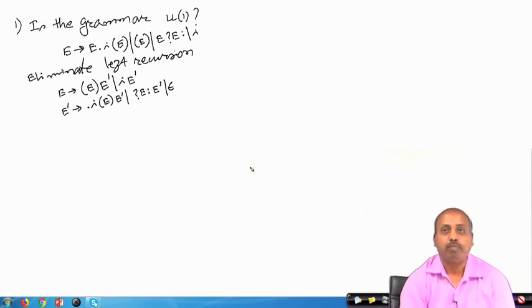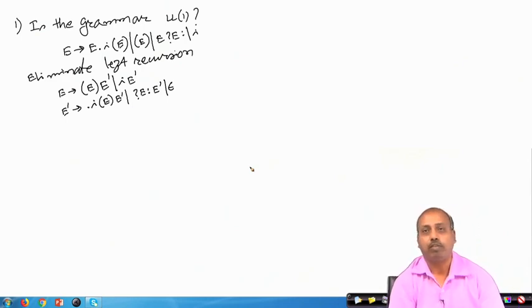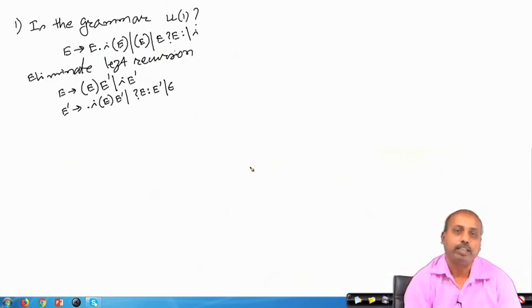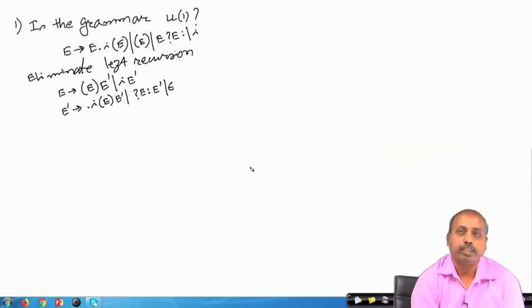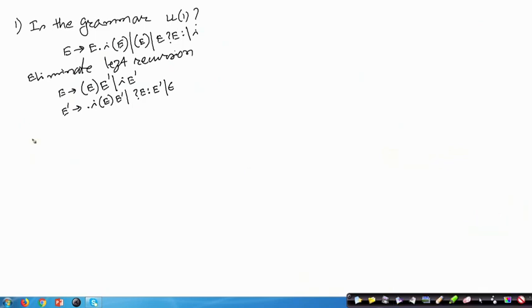The next step is to compute the first and follow sets, because we try to get the predictive parsing table. We have two non terminals, so I should have two first sets, first of E and first of E dash.